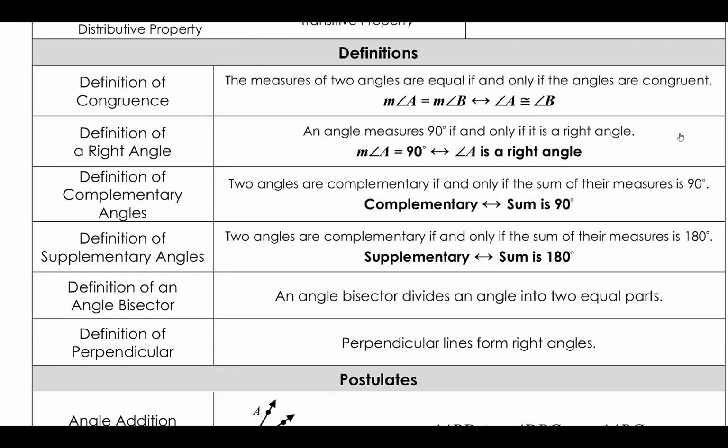Definition of supplementary angles. Two angles are supplementary if and only if the sum of their measures is 180. If it's supplementary, the measures have to be 180. If the measures are 180, they have to be supplementary, biconditional.